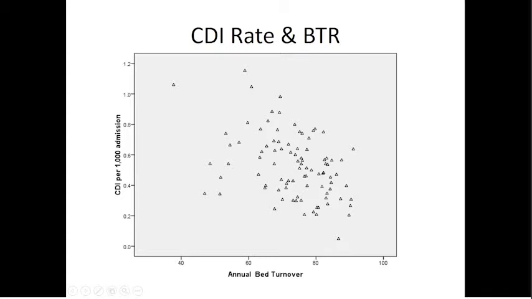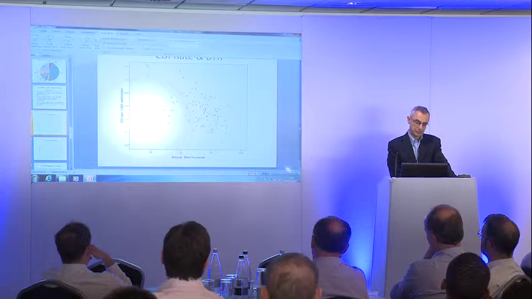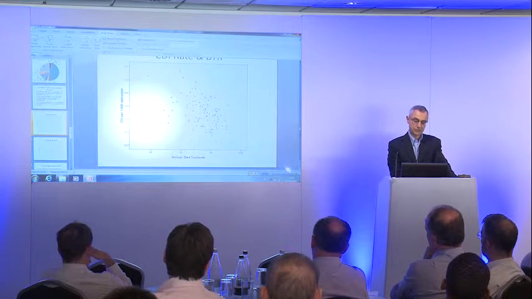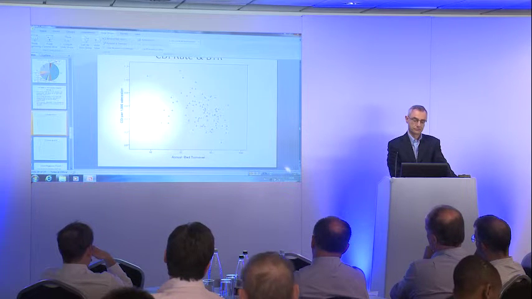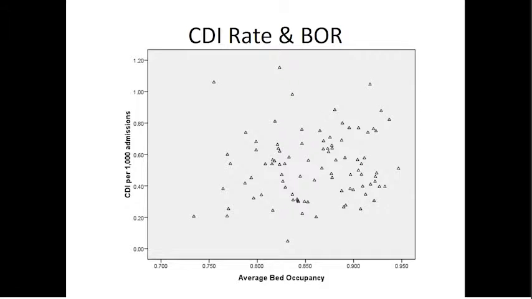correlated the CDI rate on the y-axis per 1,000 admissions with the BTR on the x-axis. You can see that there is a declining line, which means that an increasing rate of turnover is associated with a decline of CDI per 1,000 admissions.